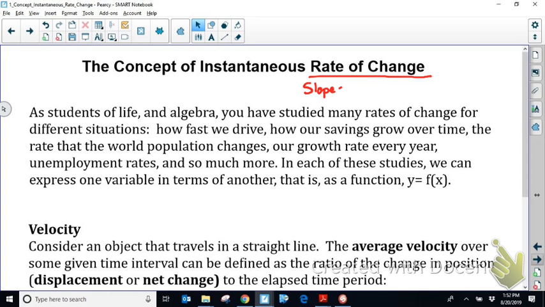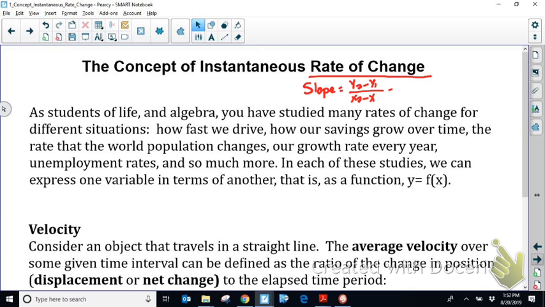And it's given in the form of an equation where you say y2 minus y1 over x2 minus x1. So that's a rate of change, and in Algebra 1 we would say the rate of change is constant, giving us the characteristic line of a linear function.